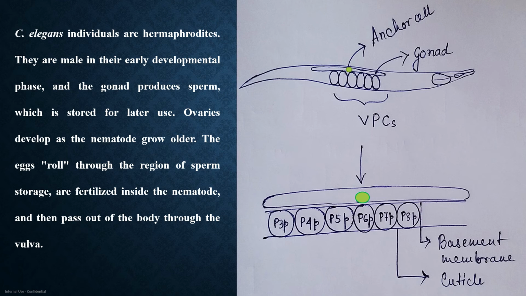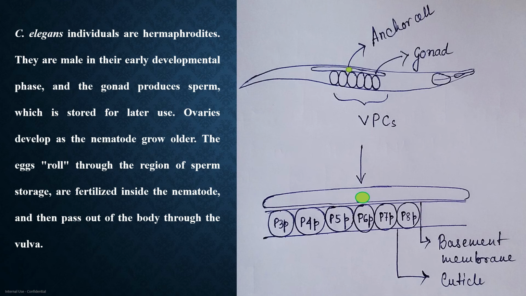Here you can see a diagrammatic representation of the C. elegans body. The anchor cell here is governing these vulval precursor cells and will ultimately give rise to the complete vulva.